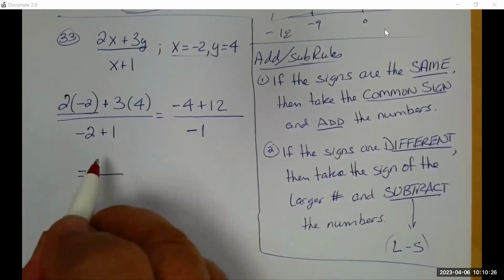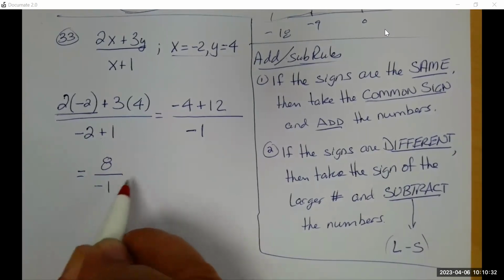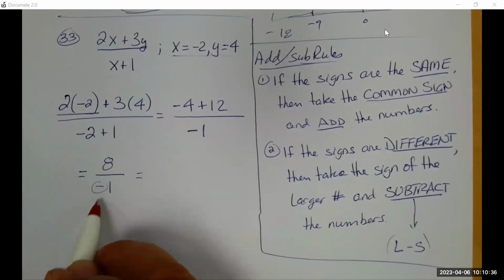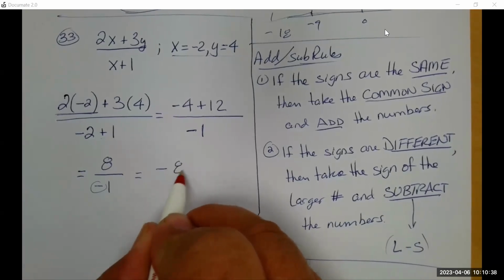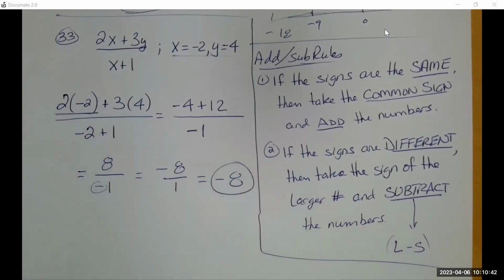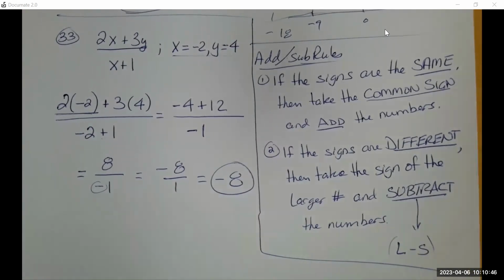It'll still be positive. Very good. So the negative simply goes on top, because you never want a negative on the bottom. 8 divided by 1 is -8. You got it? There you go. See, you just have to have confidence in yourself.